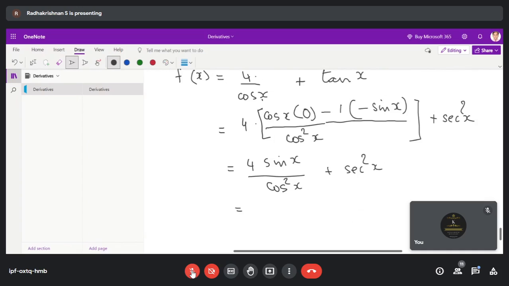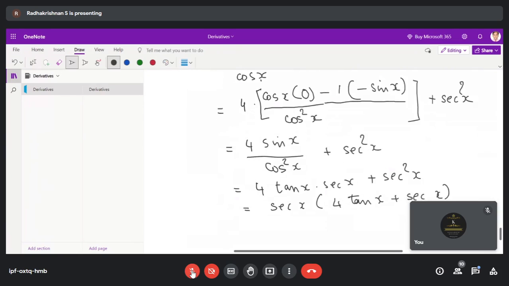You have to try to get it to that format. So this we can write as 4 sin x by cos x into 1 by cos x, right? sin x by cos x is tan x. 1 by cos x is secant x. It comes like this. So now secant x is common.